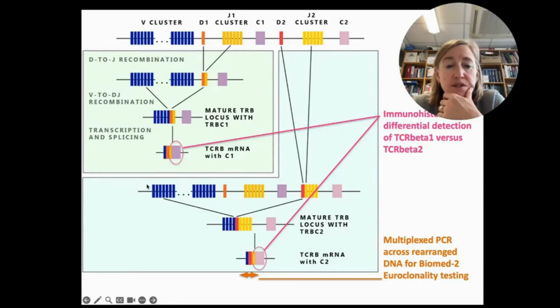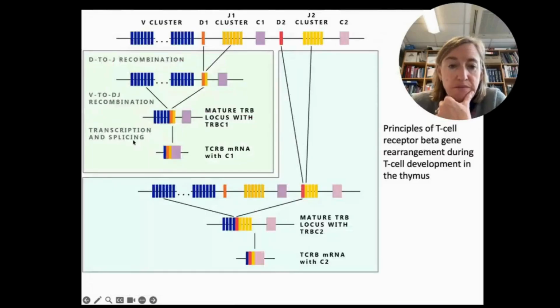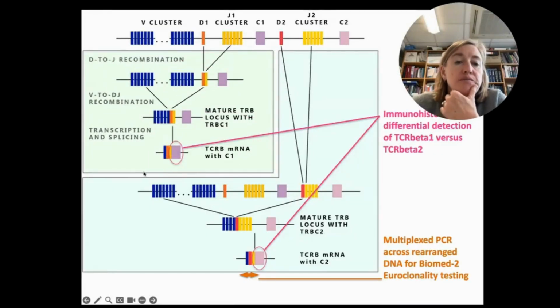If the T cells are different and not clonal, we get loads of different lengths of product, which is what I showed you here. Whereas if they're the same, we get something that looks like this, one single peak, because they're a clone. So that's one way of looking at clonality.